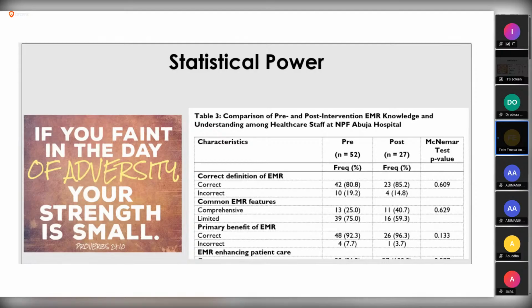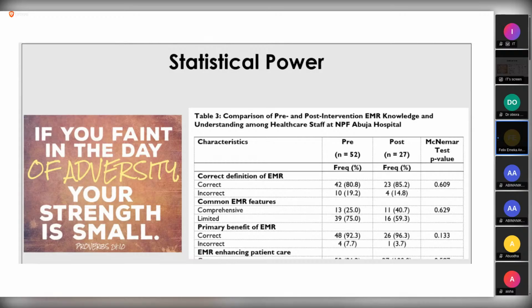And at the end of the day, look at the way the data is looking. Before they were trained, their correct definition of electronic medical record was 80.8%. But after the training, it increased to 85.2%.